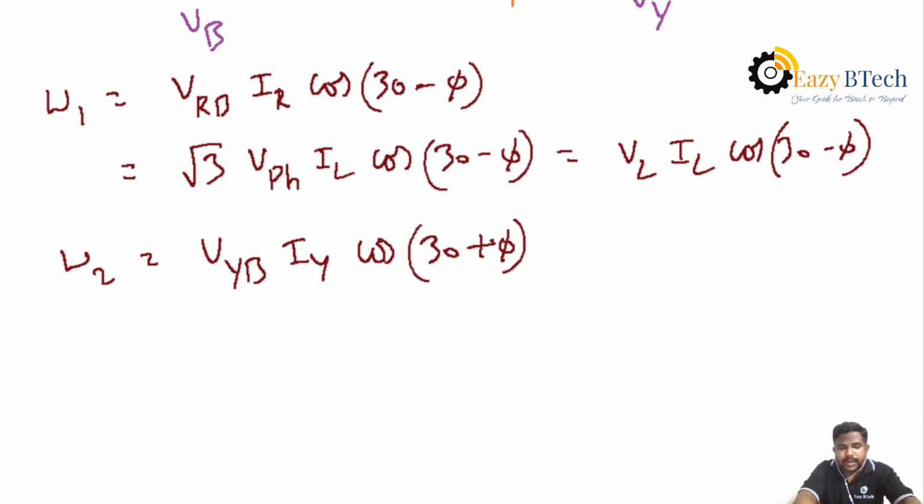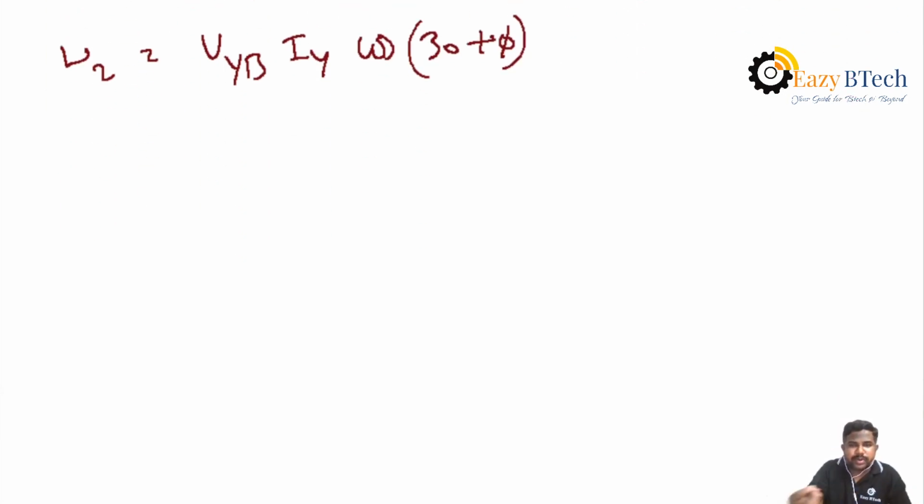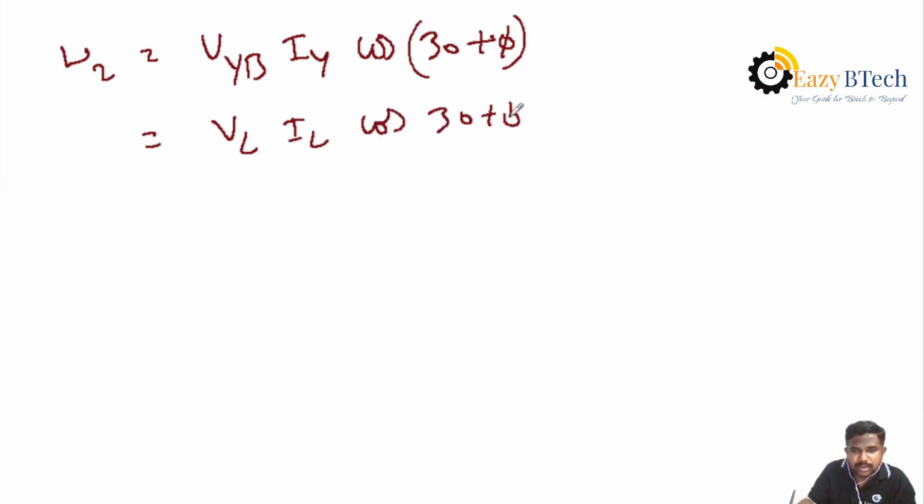That is the reading of the W2 wattmeter. Similarly, in the same format, that is VL IL cos 30 plus 5. This is the angle difference.